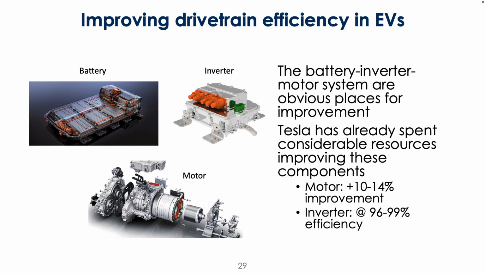Motors have already improved like 10 to 15%, which is quite groundbreaking in such a short amount of time. Inverters are already pretty efficient, but there have been some technology improvements to increase that. But most inverters are already operating at 95 plus percent efficiency.